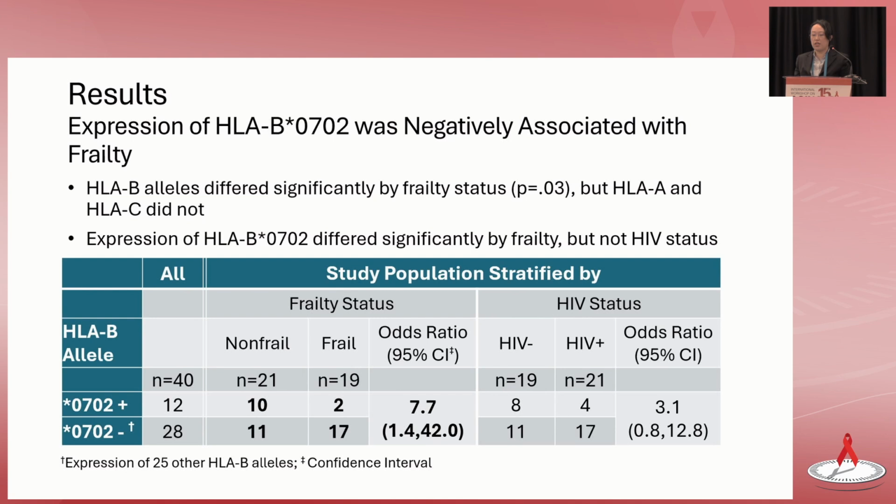And the expression of HLA-B*0702 was more prevalent in non-frail men than in frail men, with an odds ratio of expression of this allele in non-frail men versus frail men equaling 7.7. And we also did not see any significant difference of this allele expression between HIV-negative and HIV-positive men.